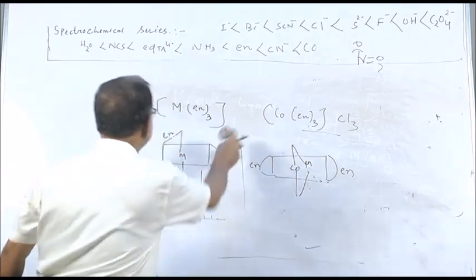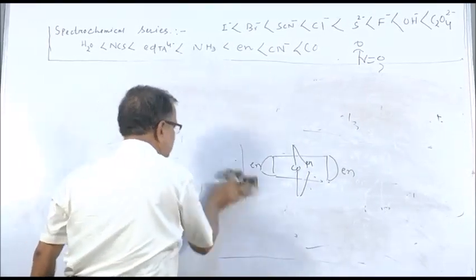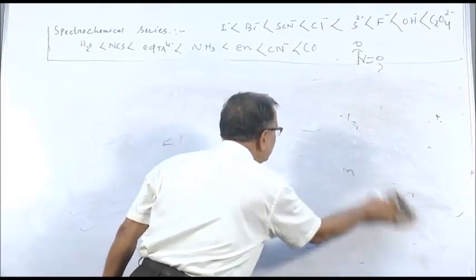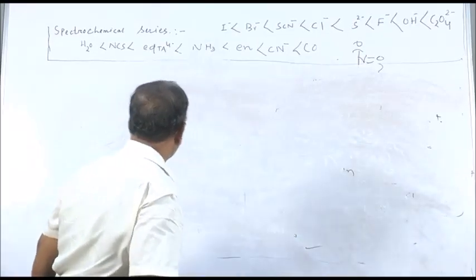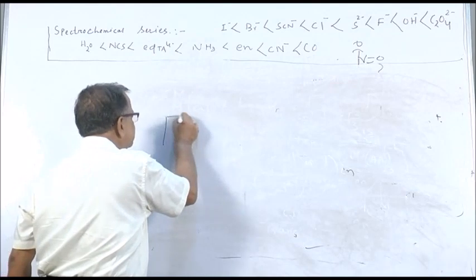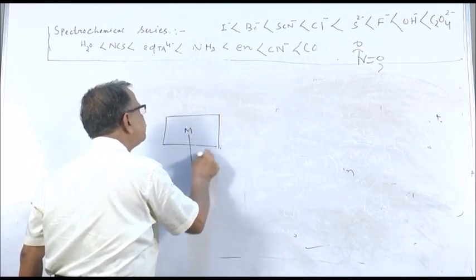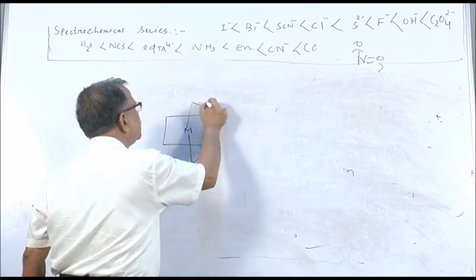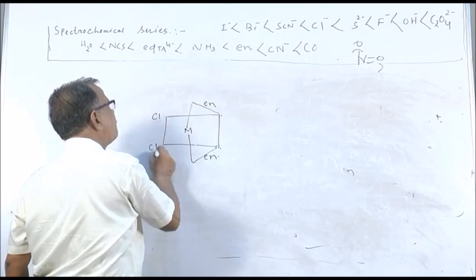I can show you. Again it can resolve into 2 isomers. The cis form can resolve into 2 isomers which are called optical isomers. It can rotate the plane polarized light like this. M, en, Cl, Cl.